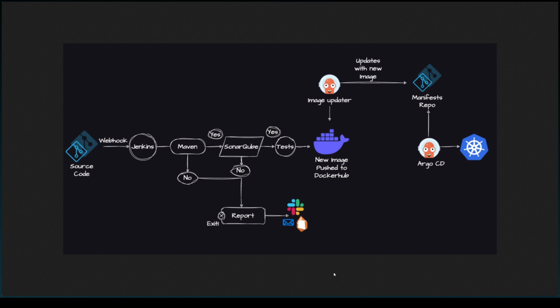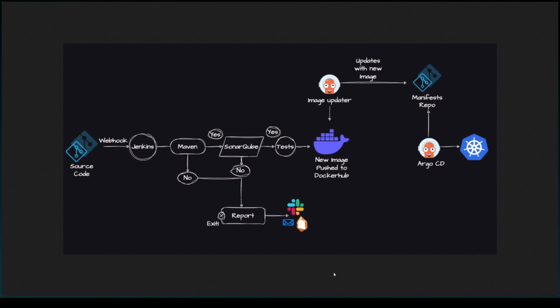If it isn't successful in its task, then it will exit the pipeline, and the pipeline will get cancelled, and it will send the report. And if it gets successfully built, then SonarQube will get executed. What SonarQube does is test the code quality and code smells, and if it passes the code quality and code checks, then it will proceed to the test phase.